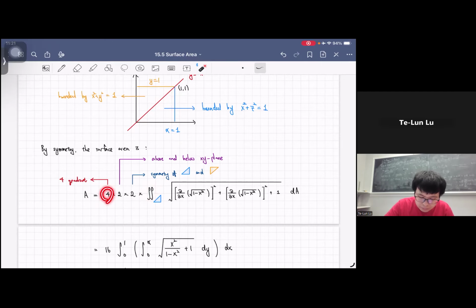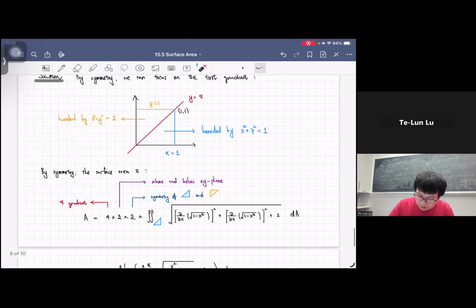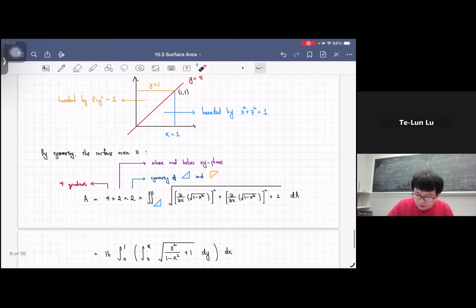The first multiple corresponds to the fact that there are 4 quadrants, and the second multiple corresponds to above and below, just like the spherical case. Lastly, you have an extra 2 because of the symmetry of this guy and this guy. So in total, you have a 16 in front of your summation.